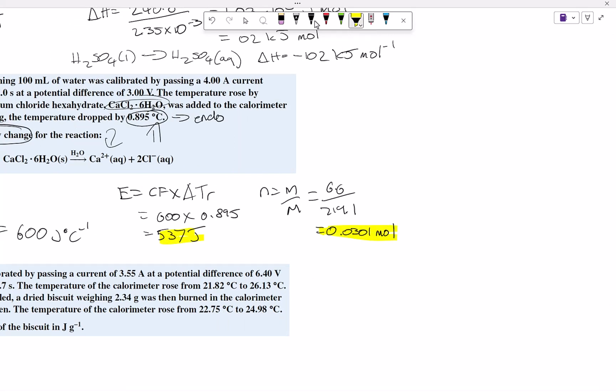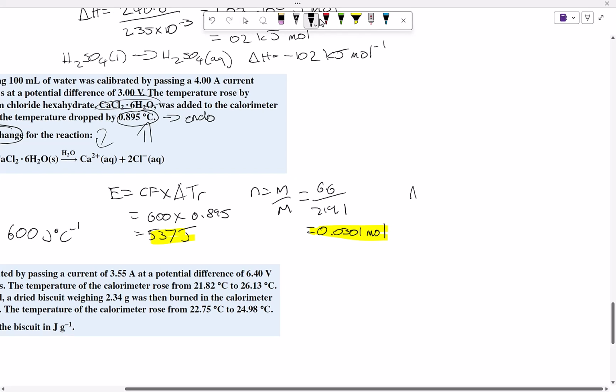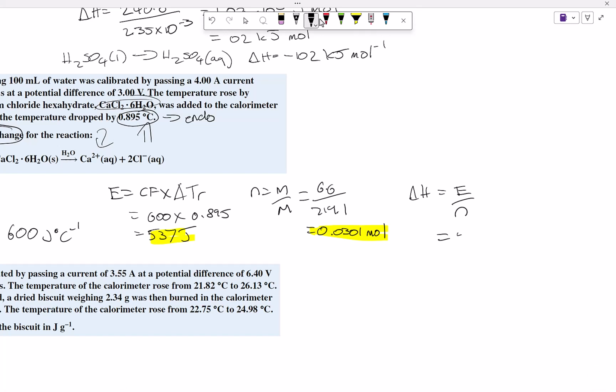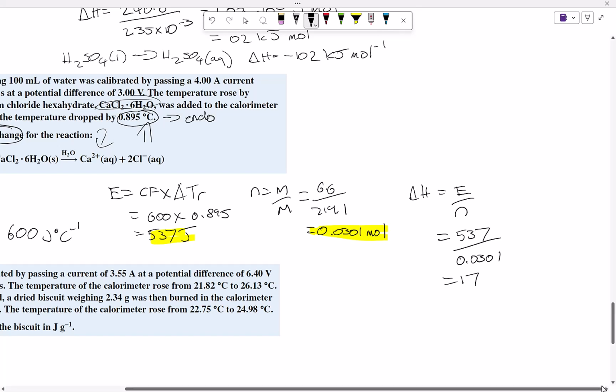So therefore, we want to get this value and this one and divide them. So our delta H now is basically E divided by n, E being 537, moles was 0.0301, and that's going to be equal to 17,819 joules. Because remember, enthalpy is done in kilojoules, we need to change that to 17.8 kilojoules.